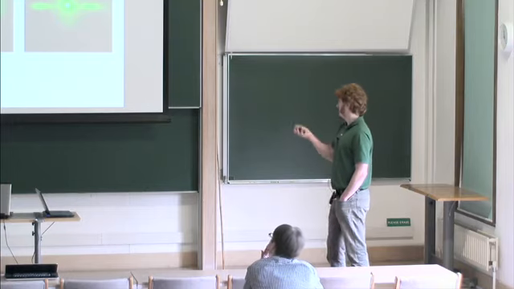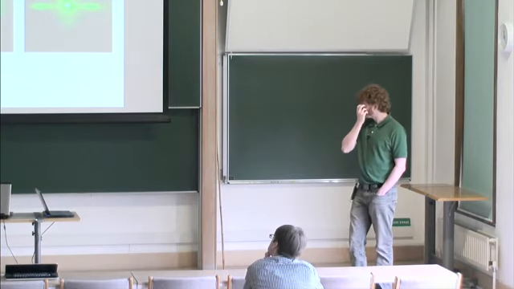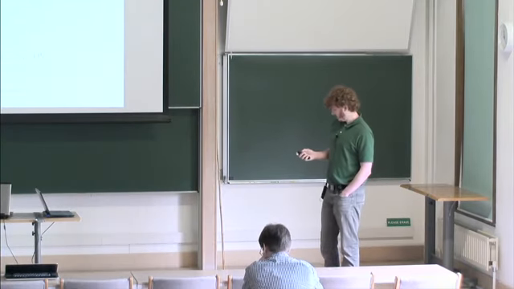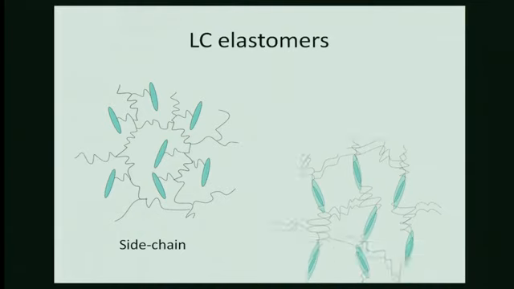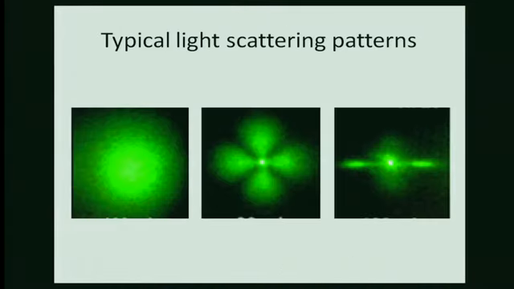These are a few typical scattering pictures from the elastomers. The left one is the scattering from a polydomain liquid crystal. It is isotropic, and basically we can say that there is some maximum length scale in this picture.